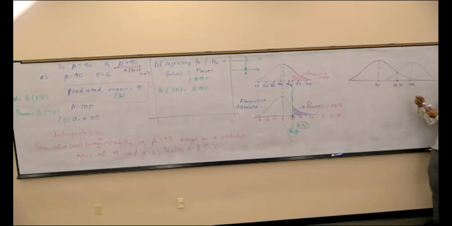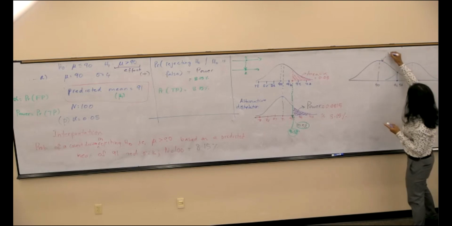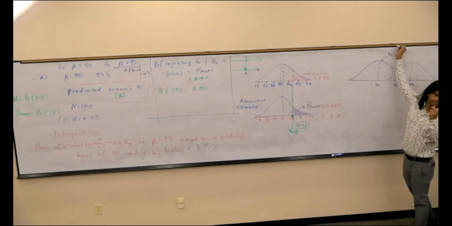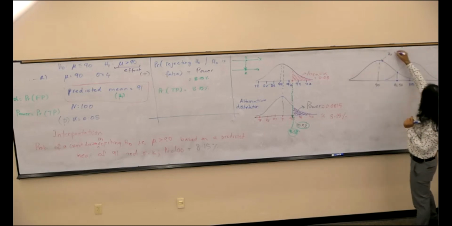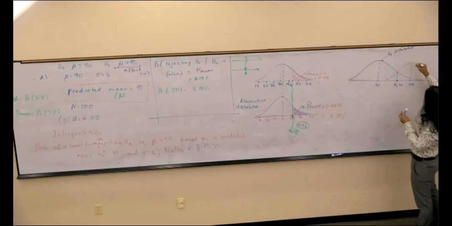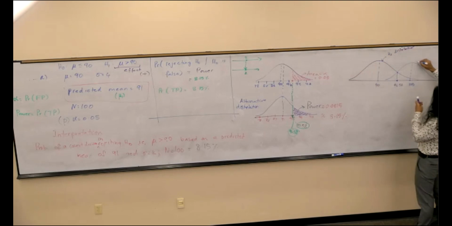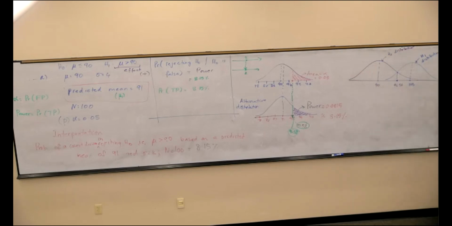The purple curve is the null distribution, yes, the one on top. The blue one is the alternative. I'm not a great artist. Technically, they should look the same, but oh well.